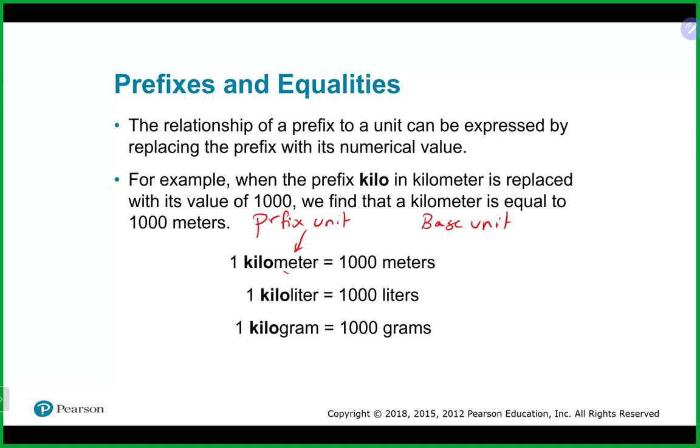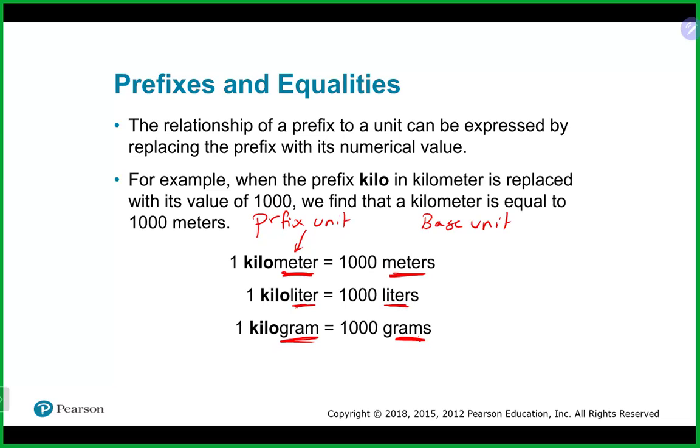So with kilometer, we see meter, and we see meter over here. The meter there is our base unit. Just like if we go below it, kiloliters are the prefix unit, and we see liters on both sides. That is our base unit. Kilogram and grams, grams being the base unit here, and kilograms being our prefix unit.